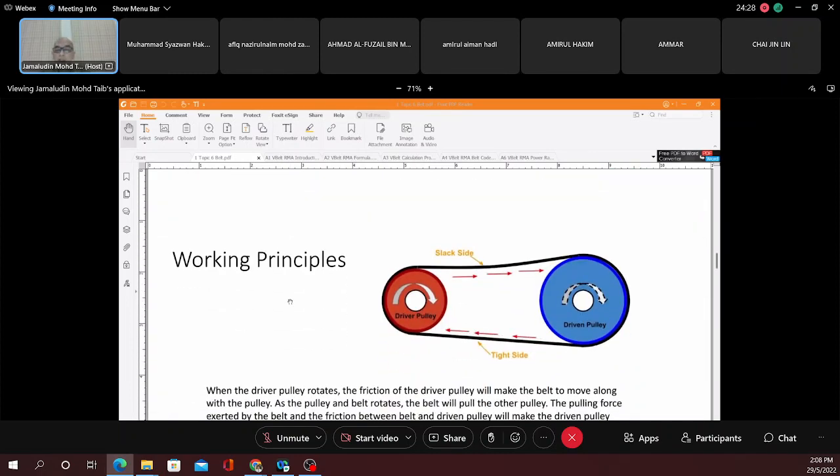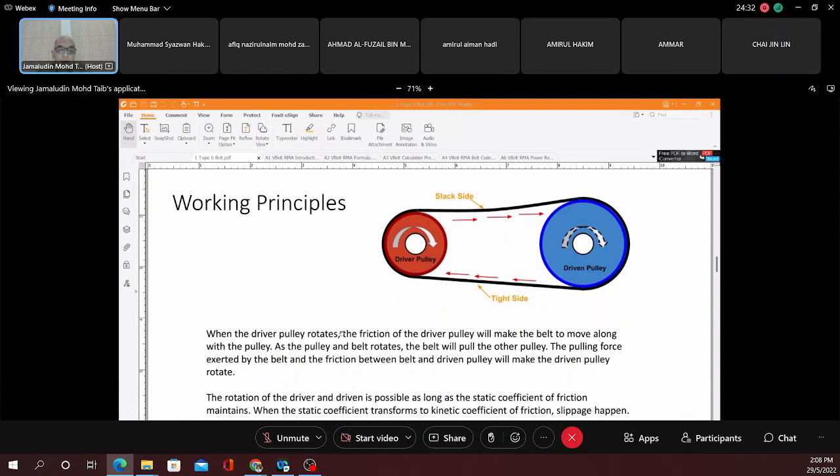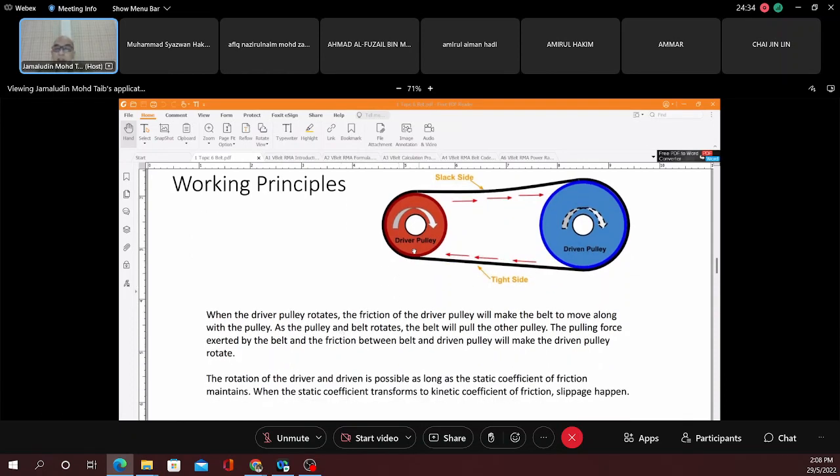Okay, this is the principle of the V-belt. For example, the easiest way to visualize how the belt works is you take a ruler and a rubber band and try to rotate. For example, the driver pulls here and you try to rotate this side. That means you have a rubber band in between. If you just rotate this one, nothing is going to happen.